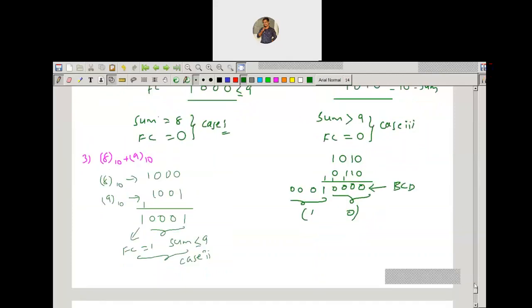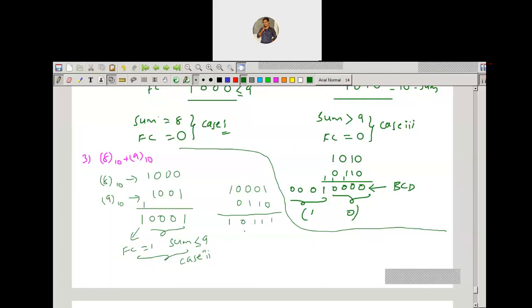There is no space here. And what is the obtained answer here? The obtained answer is 10001. Adding 0110, right? So here we get 11101.